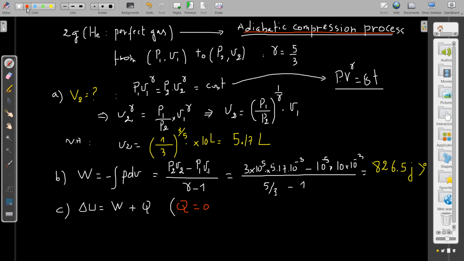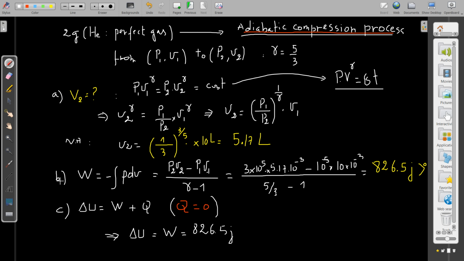This is very important to know about. So Q equals 0. And this gives us the change in U, still the work. The work done in B, which means 826.5 joules. So it's easy to deduce this.